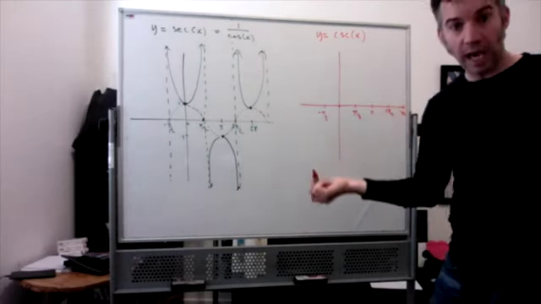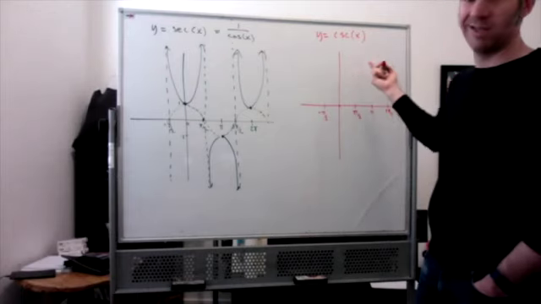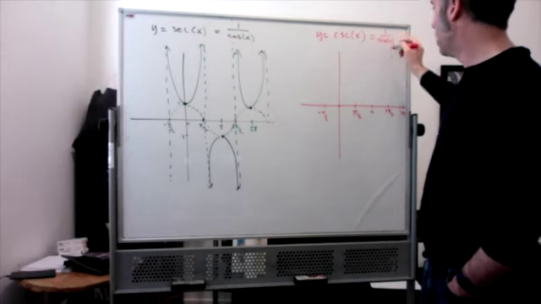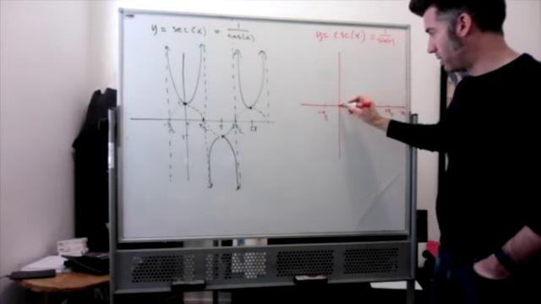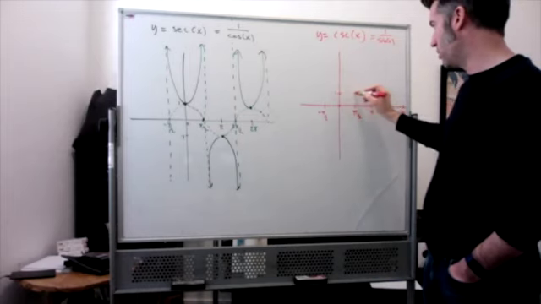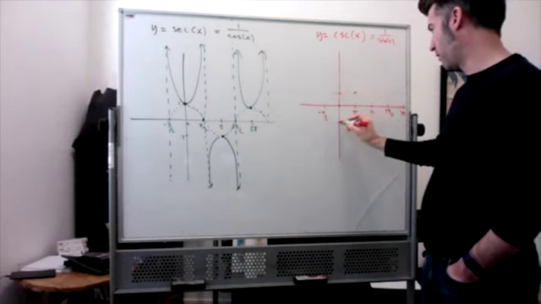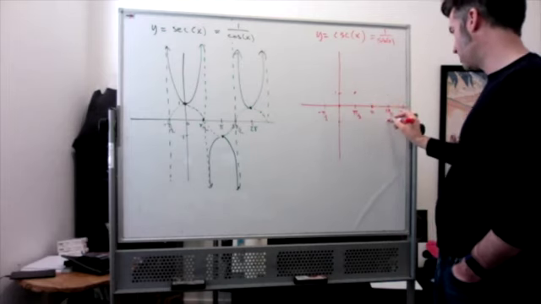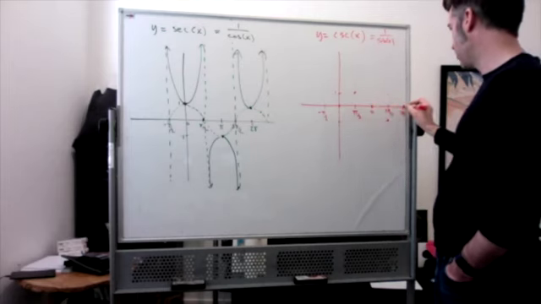And I know that sine, which cosecant is the reciprocal of, is 1 over sine. Sine of 0 is 0, and then sine of pi over 2 is 1, and then sine of pi is 0, and 3 pi over 2 is negative 1, and then 2 pi is 0.